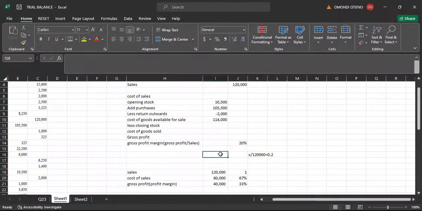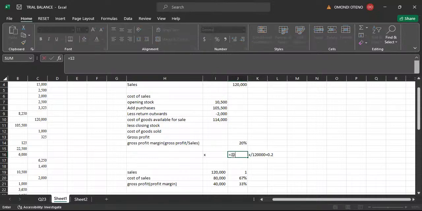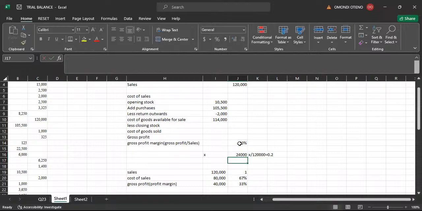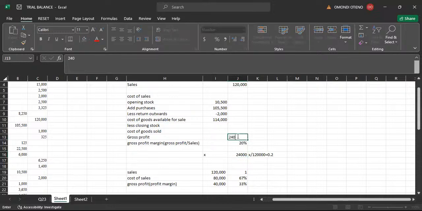Therefore, my X will be equal to 120,000 times 0.2, and that 0.2 is this 20%. So what am I having as X? 24,000. What was this X? It was the gross profit. So I come to the gross profit section here and put my 24,000.